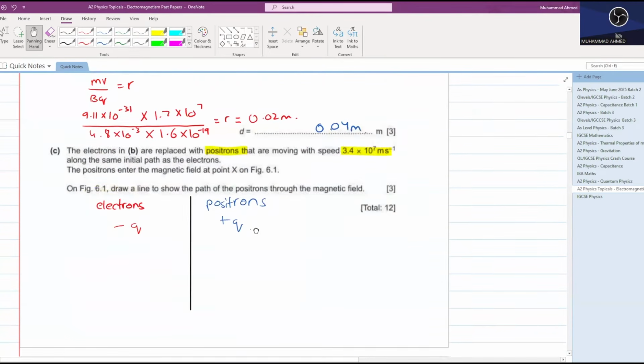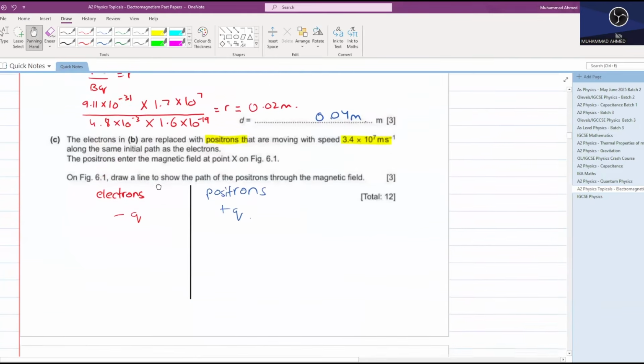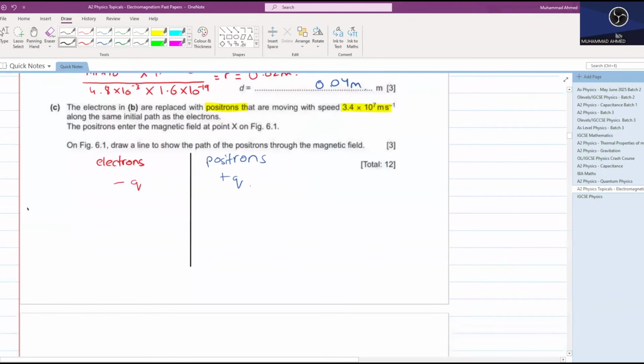Secondly, your radius used to depend on what? mv over bq. Both of them have the same mass and the same B and q. What is changing? The velocity for the electron was 1.7 into 10 raised to the power of 7. That is v. However, the velocity for the positron is 3.4 into 10 raised to the power of 7.